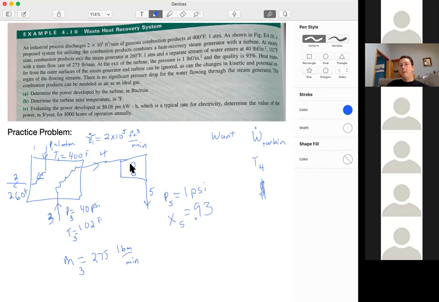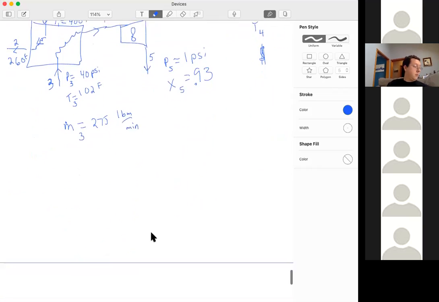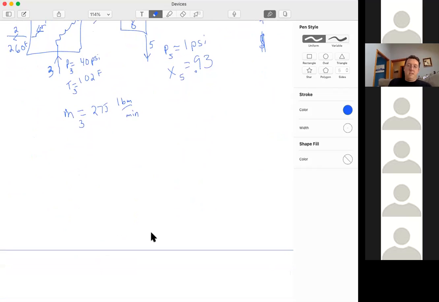And then that would tell me the change in the state of the fluid across the turbine, and then I could use that to get the power. So my plan, which is a little different than what the book does, but it doesn't matter, they all come out the same, is I would write it here.